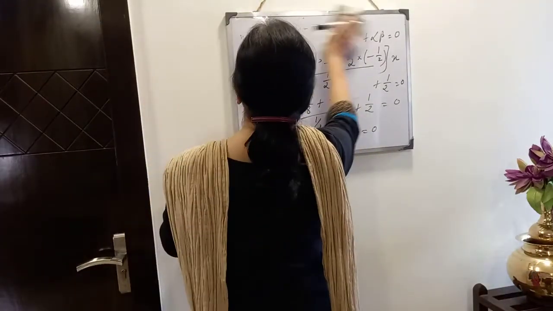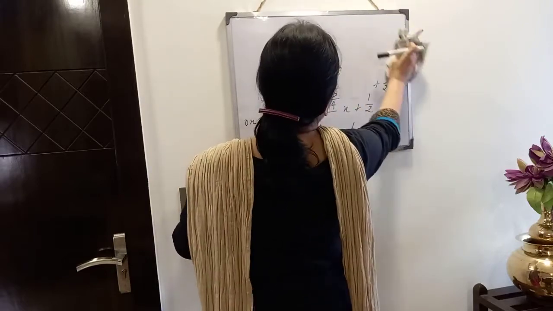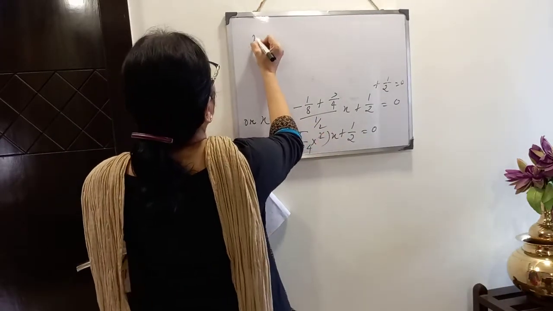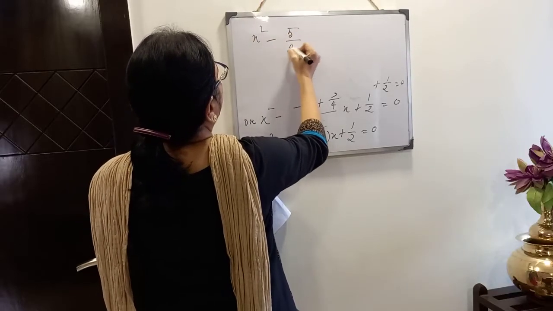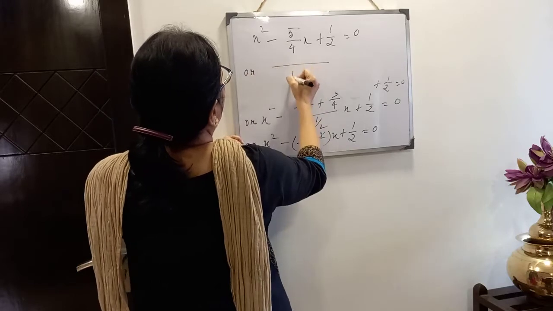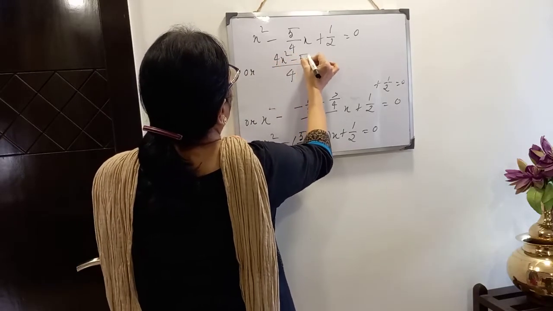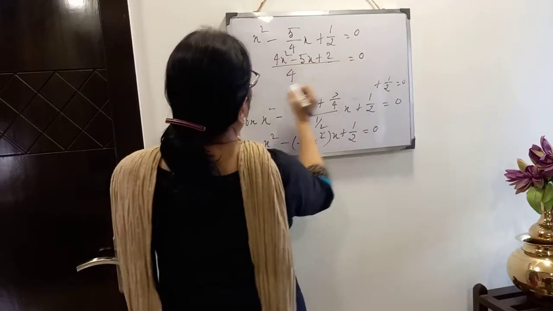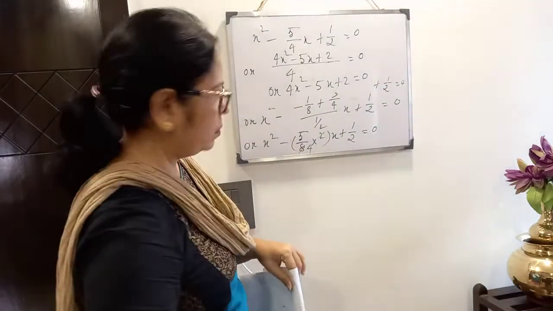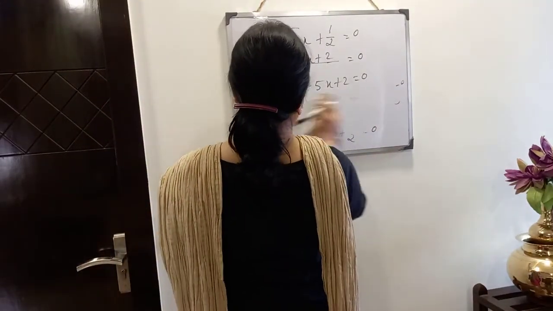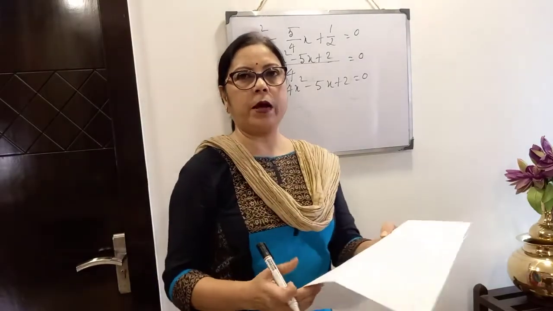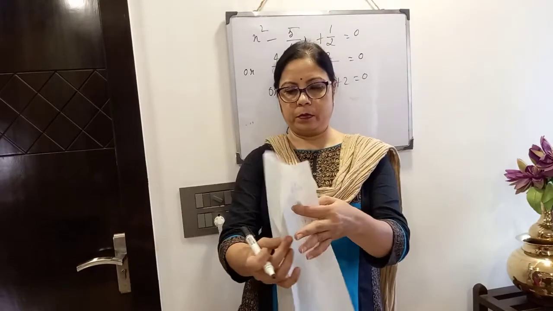Then we'll take the LCM. This is the required equation. 4x square minus 5x plus 2 equals to 0. Clear?